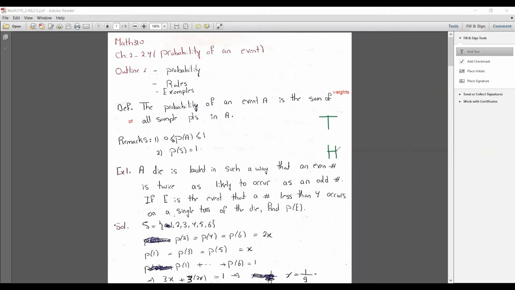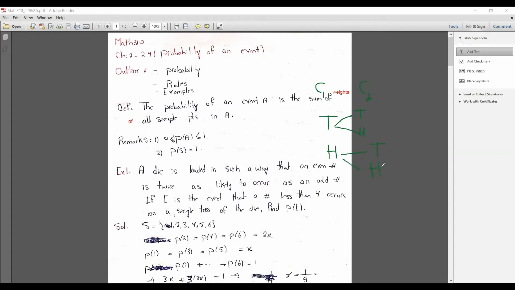So if this is coin 1, we're going to get either tail or head. In coin 2, we're going to get also either tail or head. If in the first one we got tail, in coin 2 we may get tail or head. Also, if in coin 1 we got head, for coin 2 we may get tail or head.